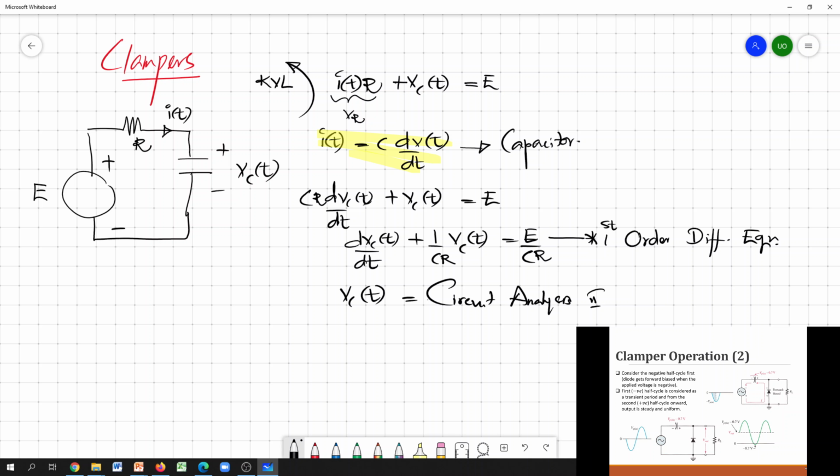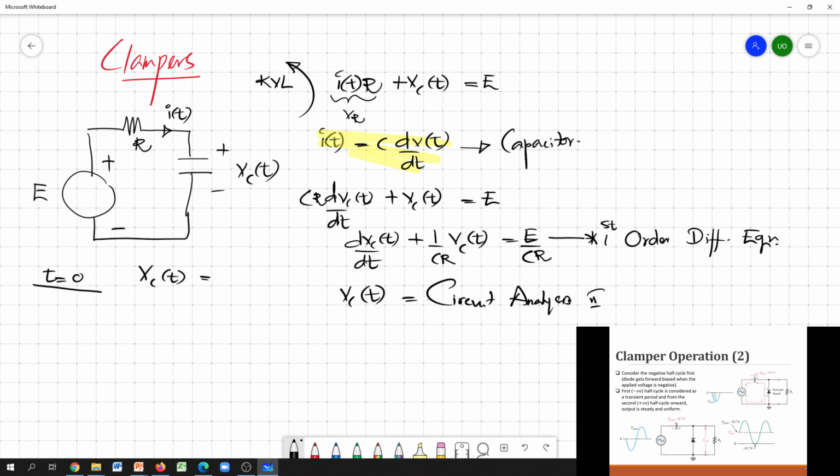But we can build a logic to obtain this output. So how do we get this one? At t equals 0, what about the voltage drop across the capacitor?